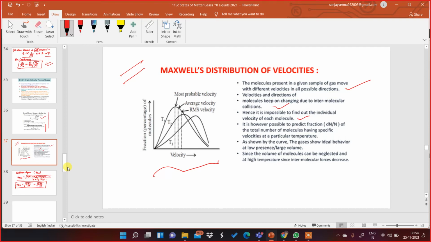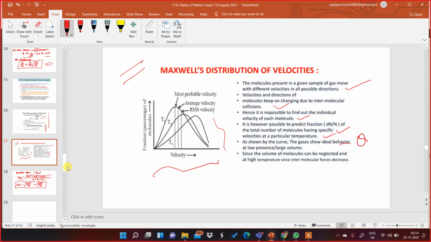It is, however, possible to predict the fraction of the total number of molecules having specific velocities at a particular temperature. As shown by this curve, the gases show ideal behavior at low temperatures or large volumes. So if the volume is large and temperature is low, the gases will show ideal behavior.